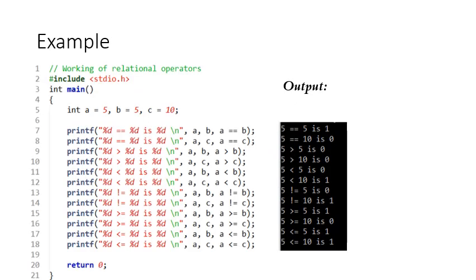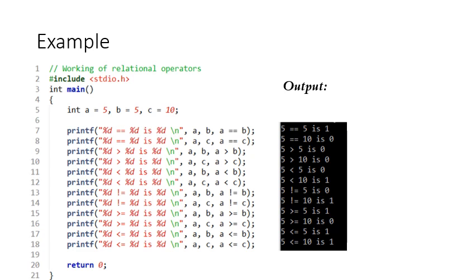Okay, so why don't you study this later? But I'll just give a brief example. Assuming we have variables a = 5, b = 5, and c = 10. On line 7, we are testing whether a is equal to b. A and b both have a value of 5.